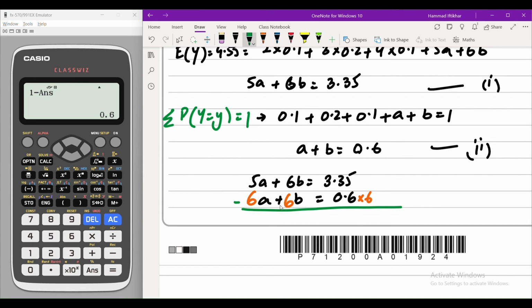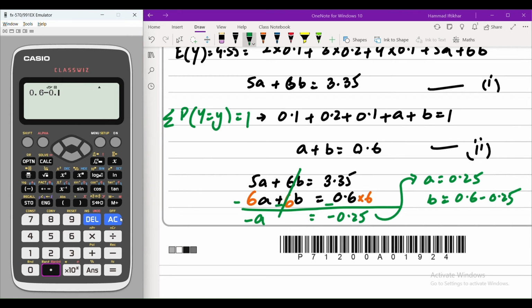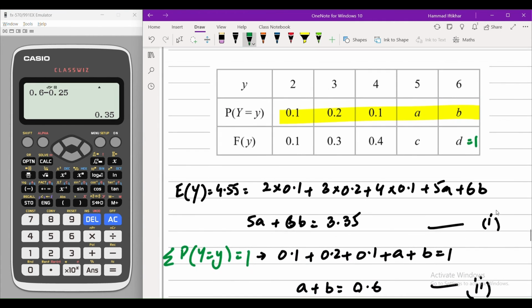So I have minus a is equal to 3.35 minus 3.6, that is minus 1 over 4. And this means that a is 0.25. b would be 0.6 minus 0.25, that is 0.35.